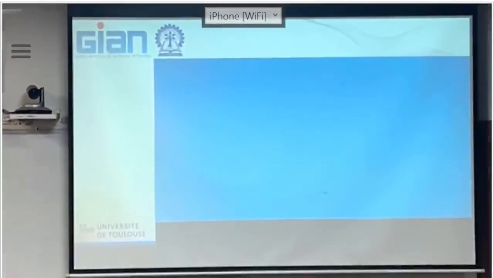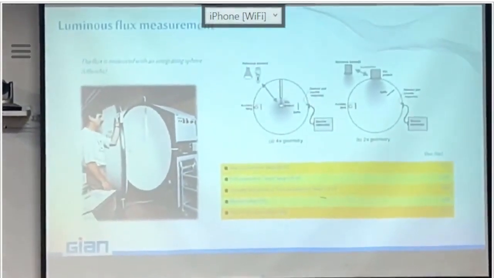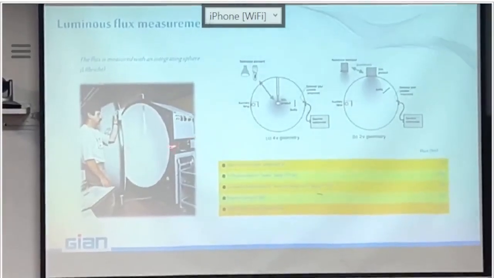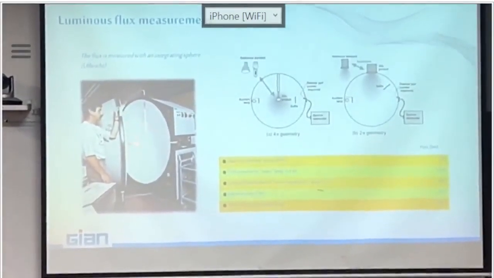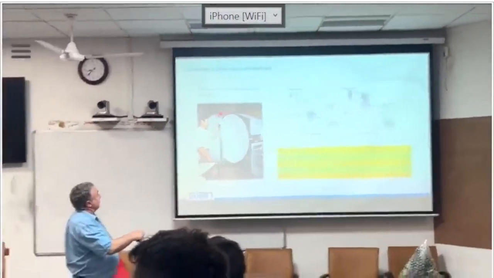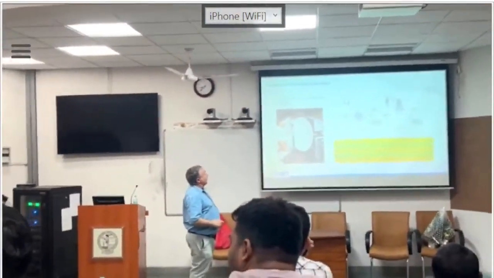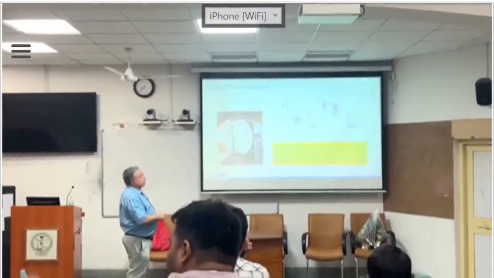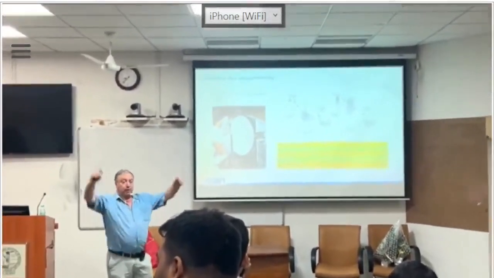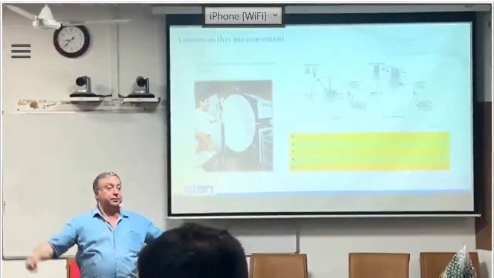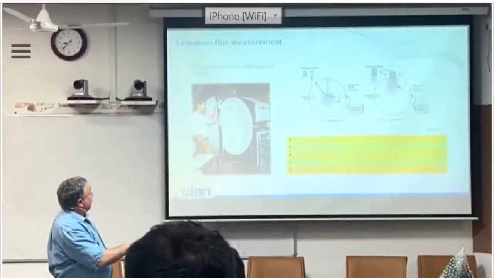slide is missing. How do we measure the luminous flux? The luminous flux, we measure it by putting a light source inside what we call an integrating sphere or an Ulbricht sphere. The lamp has to be 10 times smaller than the dimension of the sphere. The sphere is completely reflecting.